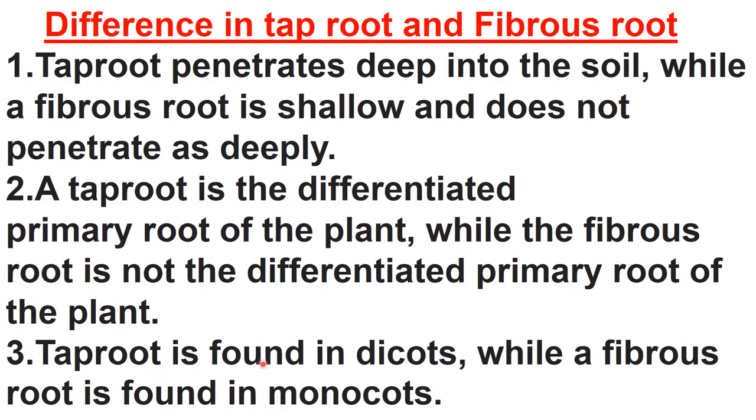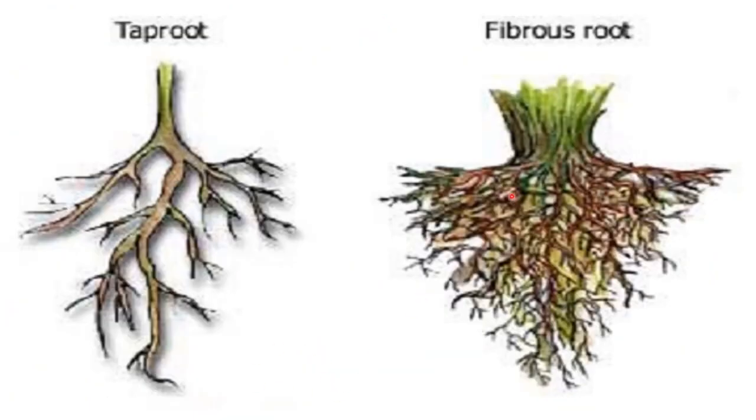Third difference is taproot is found in dicots, while a fibrous root is found in monocots. Now you can see here, these are the different structures. You need to make diagrams also for the taproot. Here you can see these primary, secondary and tertiary branches, and this is fibrous root, arising from the same point, right? And these are not deeply penetrated.